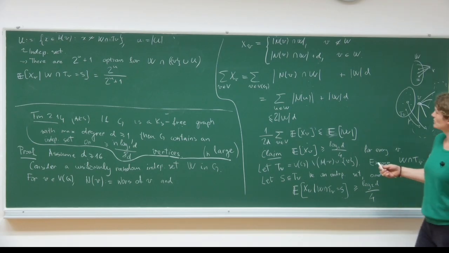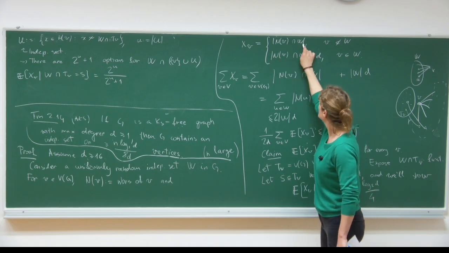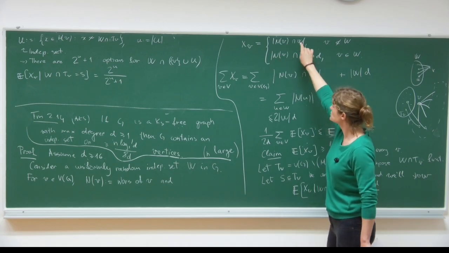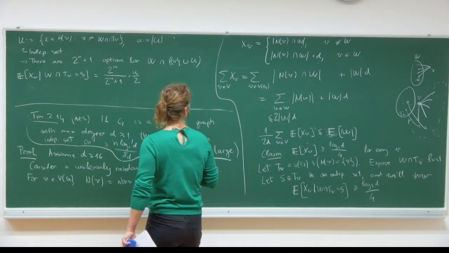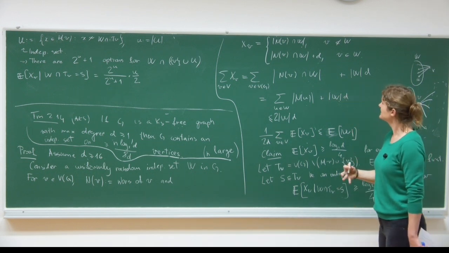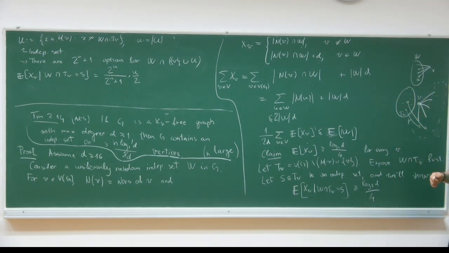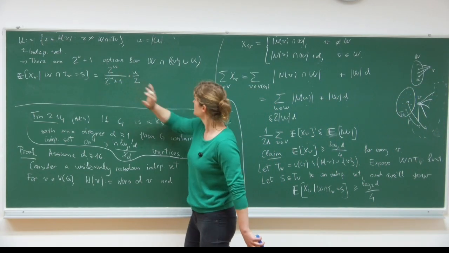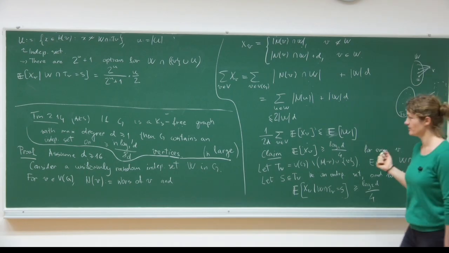So that means that now this term will be in expectation u over 2. So once again, if the question I'm asking is, if I condition on v, so this expresses the conditioning, if I condition on v not being in my independent set, how many of its neighbors do I expect to be in the independent set?